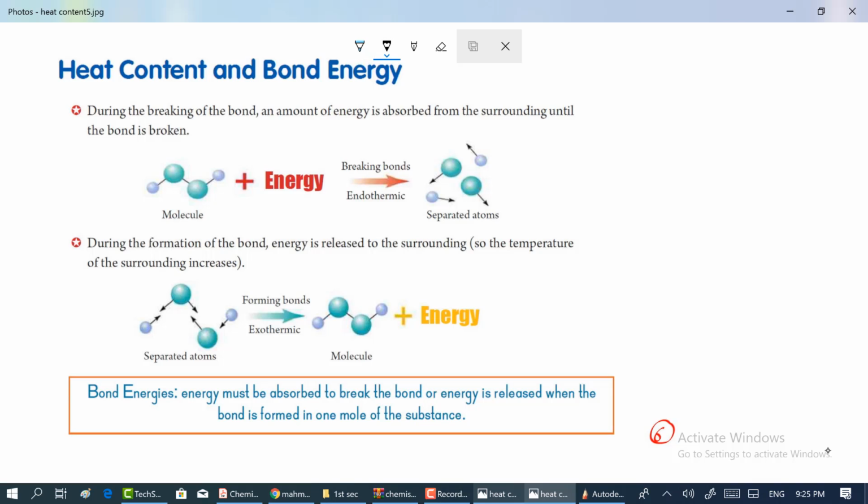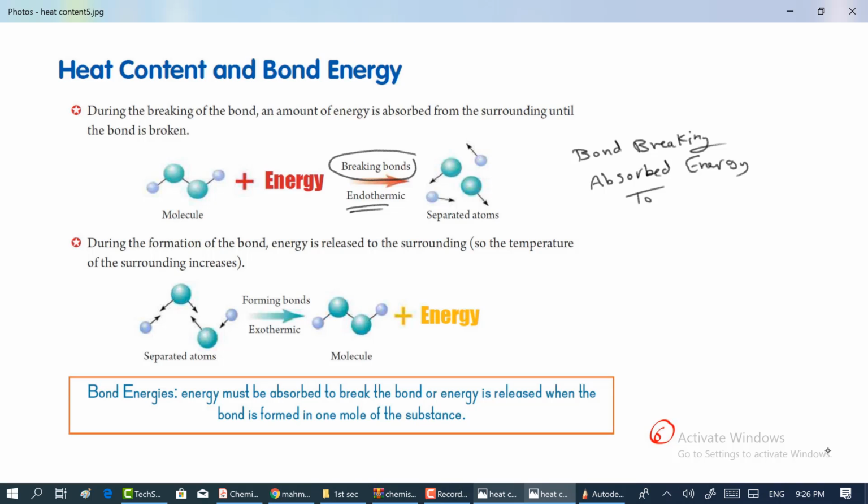Firstly, at the start of the reaction, we have bond breaking, which represents the endothermic reaction since it absorbs energy to break the bond, so it has a positive value.